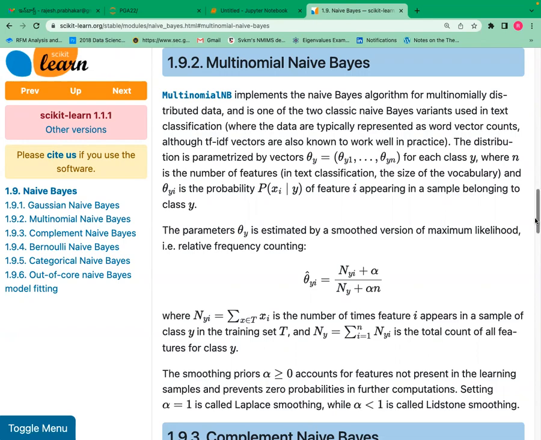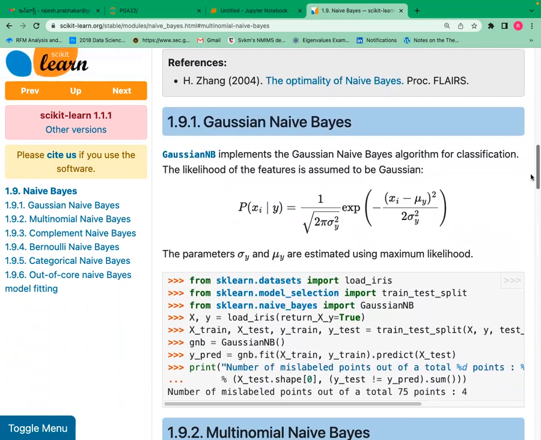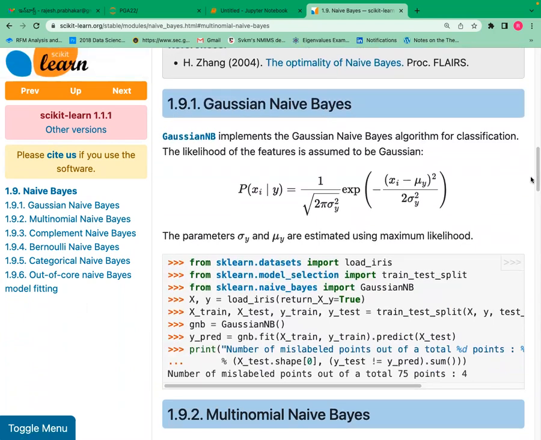Gaussian NB, if some of our data are numerical. We have numerical data as well as categorical data, so we use Gaussian NB. Sometimes you will only have categorical data. That time you can use Bernoulli NB, when all your independent variables are categorical in nature.